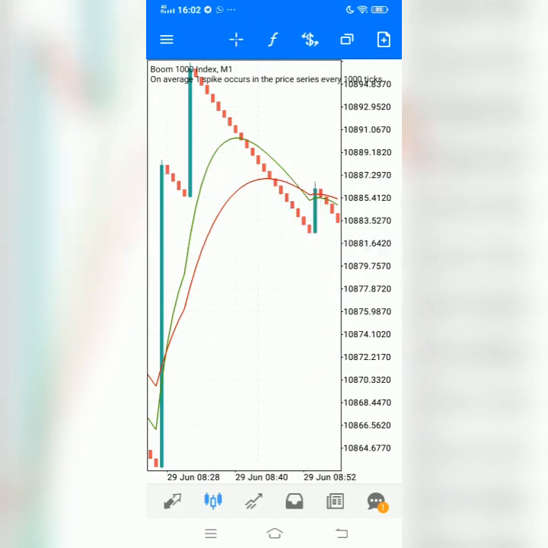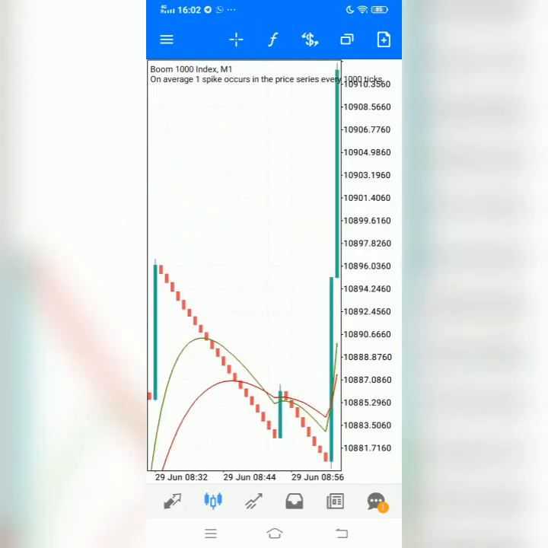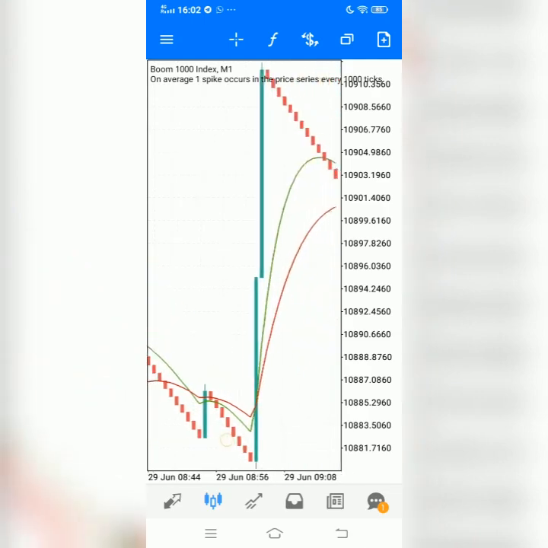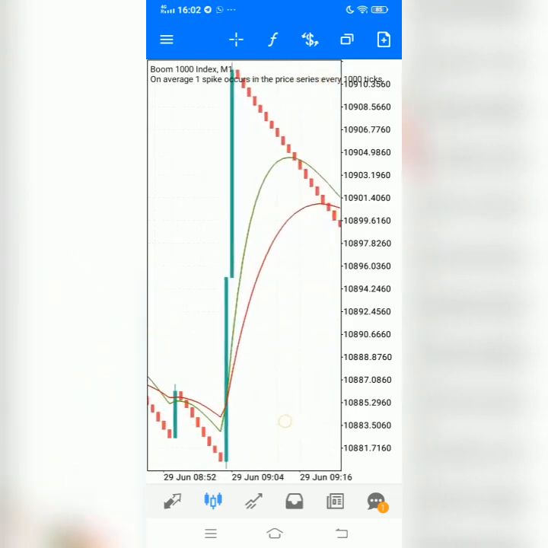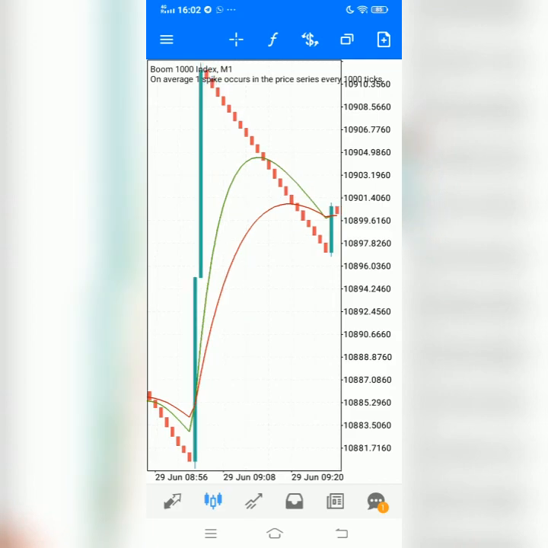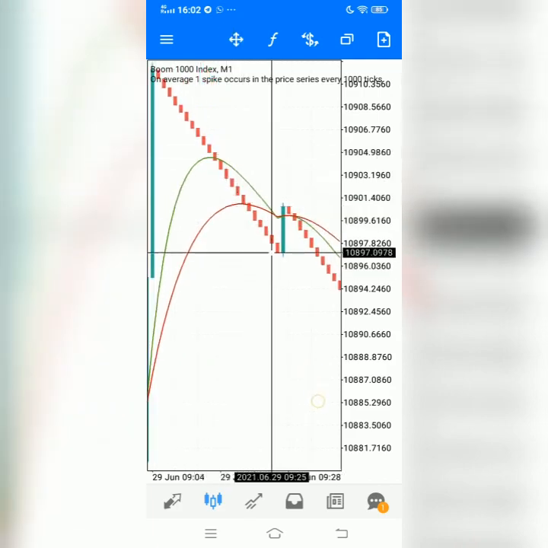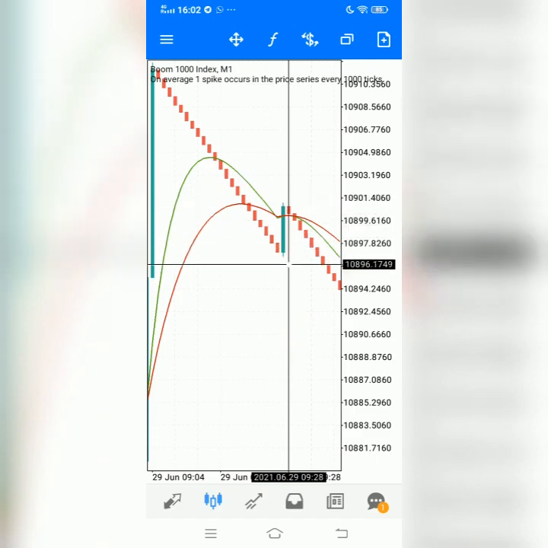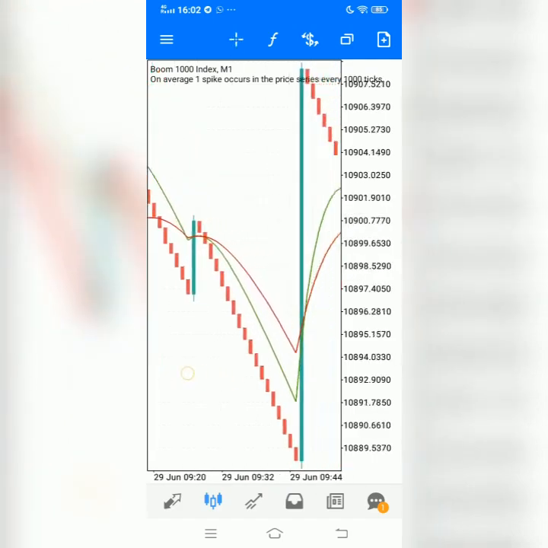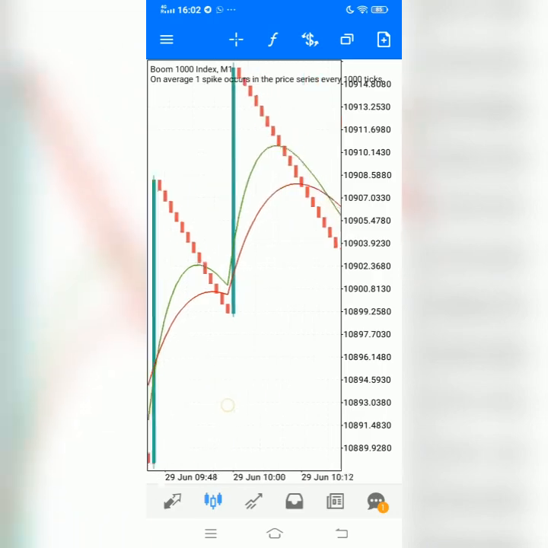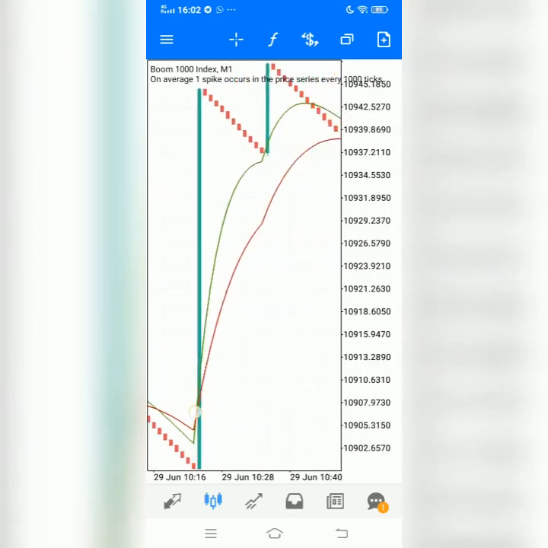Okay, and we can see that the market has been in some sort of consolidation there. Then we had this massive spike again here with another crossover. Same thing occurred over here. Same thing, that would have been another loss. And then over here we would have started making profits.